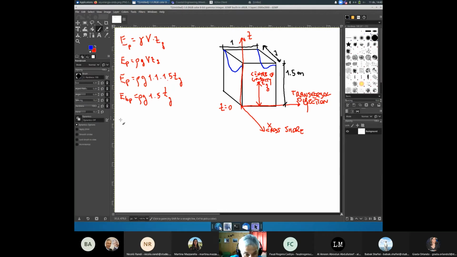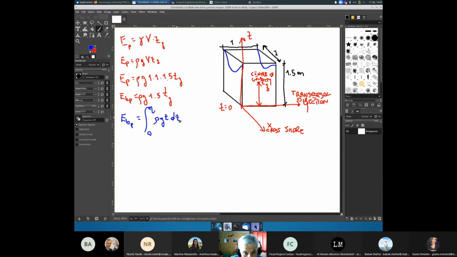And for this reason, I need to write, and let me use the blue, EP is equal to the integral between, let's say, 0 and eta of, again, rho G, and let me call it now, because it's varying, Z dZ.